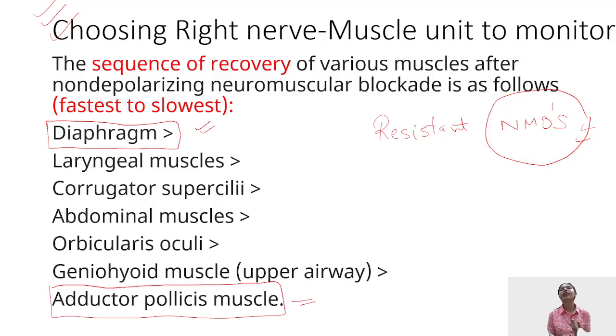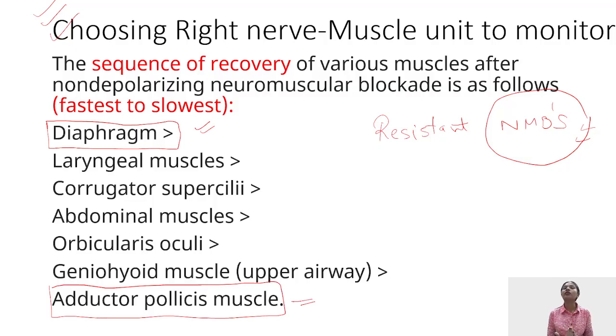They don't like neuromuscular blockers, right? So at the time of recovery, the first place where the neuromuscular block leaves is your diaphragm, because diaphragm muscles are resistant to the effects of neuromuscular blockers, whereas your peripheral muscles like the adductor pollicis are very sensitive. They actually like neuromuscular blockers a lot.